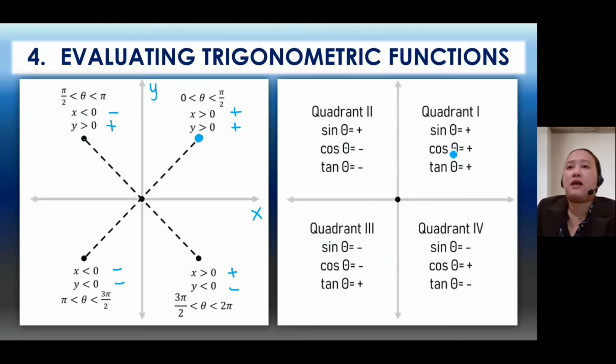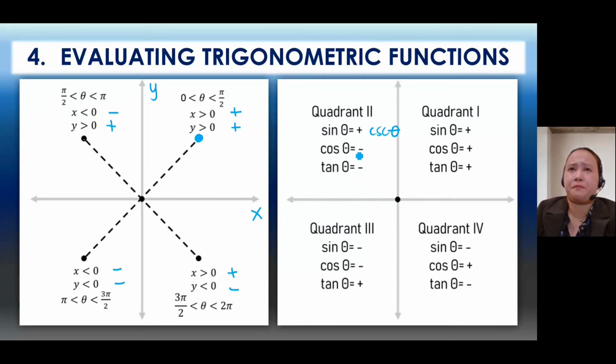By the way, if we have sine, cosine, and tangent, we are also considering the reciprocals. Take a look at the second quadrant. If sine is positive in the second quadrant, this means that cosecant theta, the reciprocal of sine, is also positive.